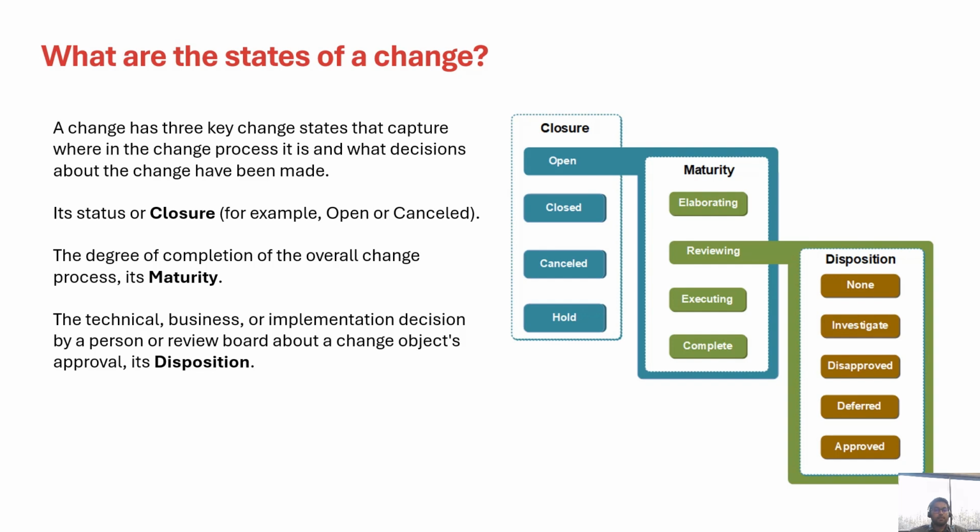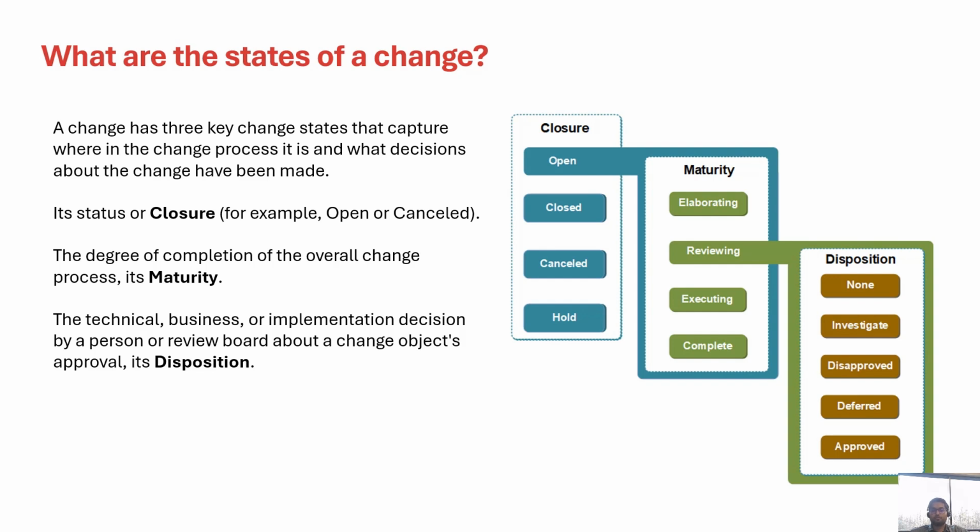And then we have the maturity. It could be reviewing, elaborating, executing, or complex. So the status, or the closure, shows us the current state of the change. The maturity shows how far along the change process we are.